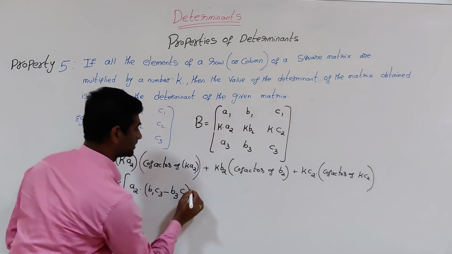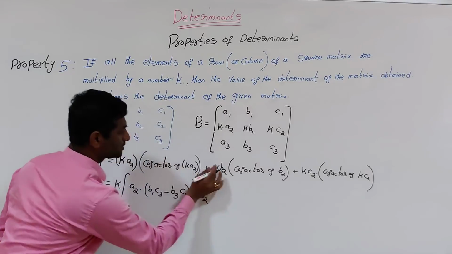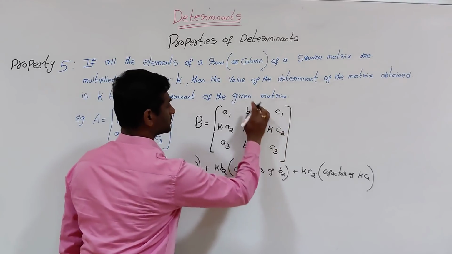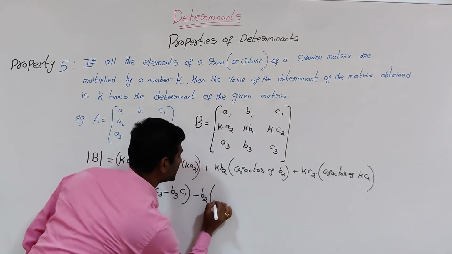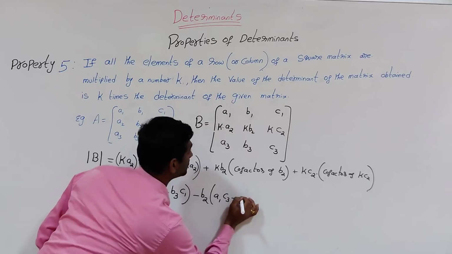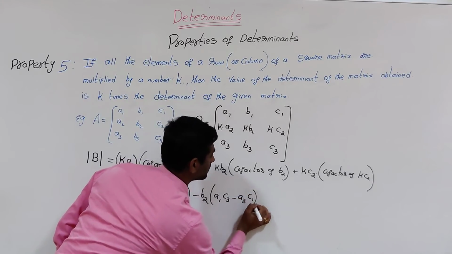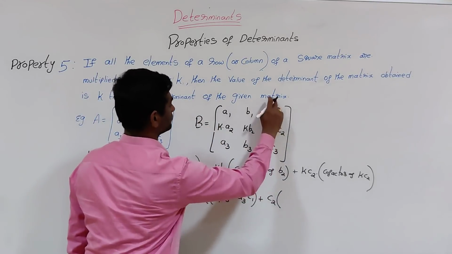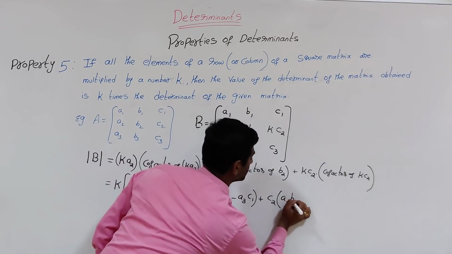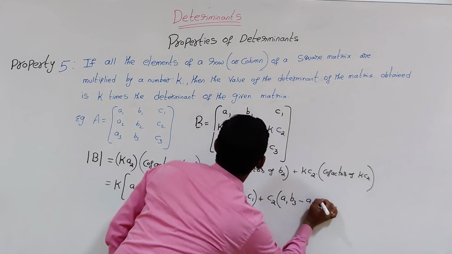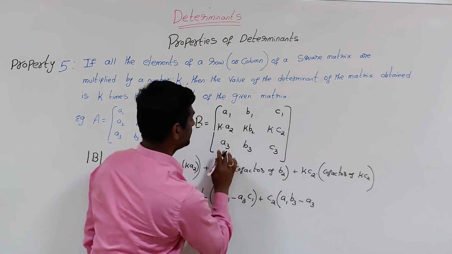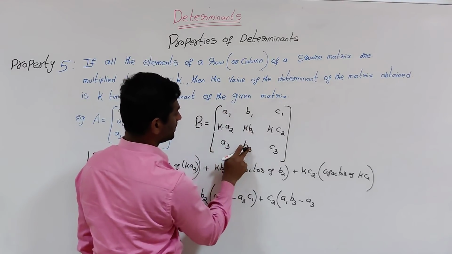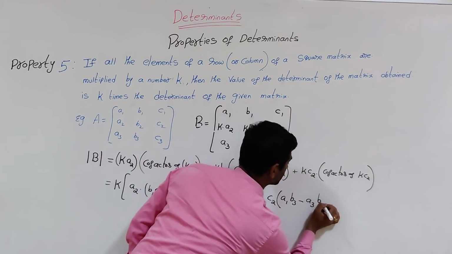Next, it will be minus B2, because we have taken K outside. B2, after hiding this, you will be left with A1 C3 minus A3 C1, plus C2 into cofactor of C2, A1 B3 minus A3 B1.